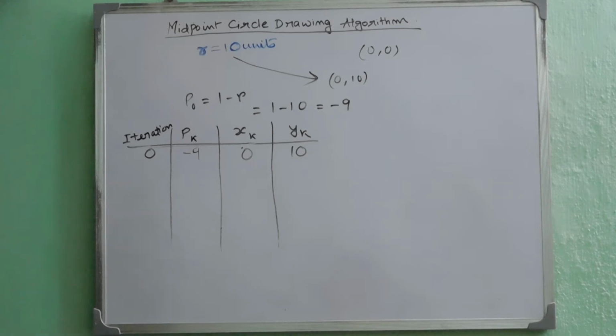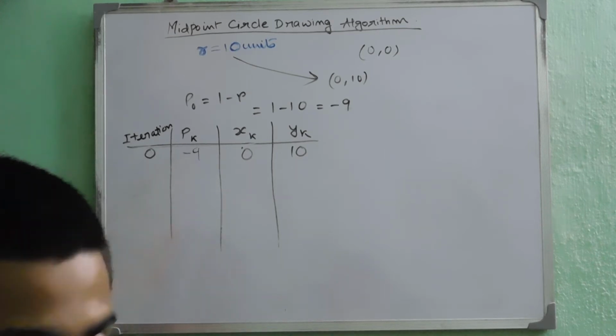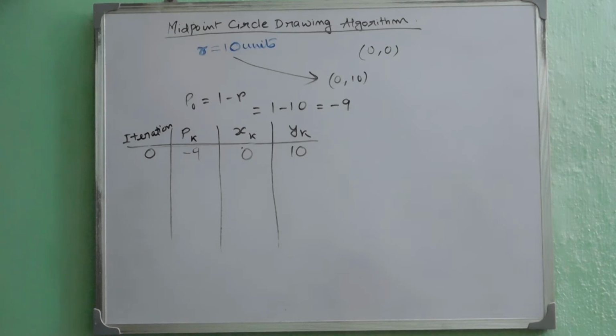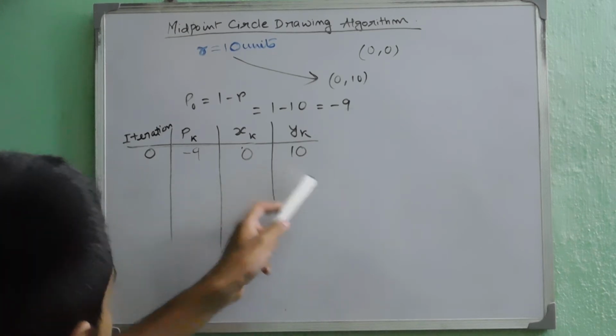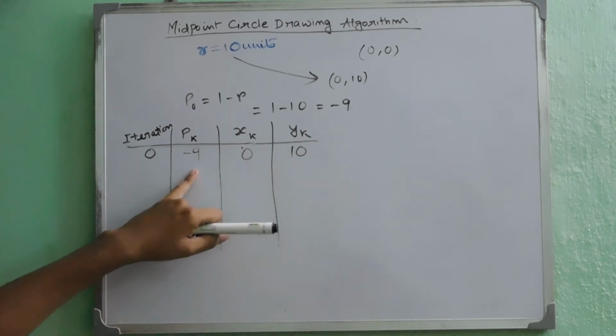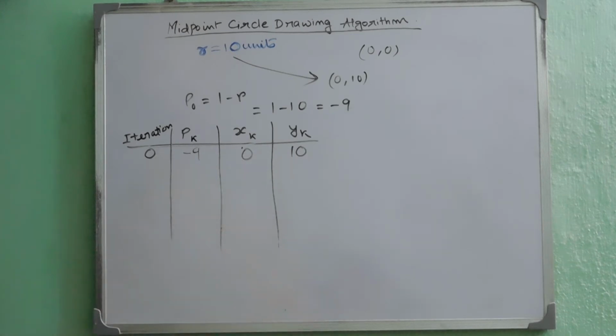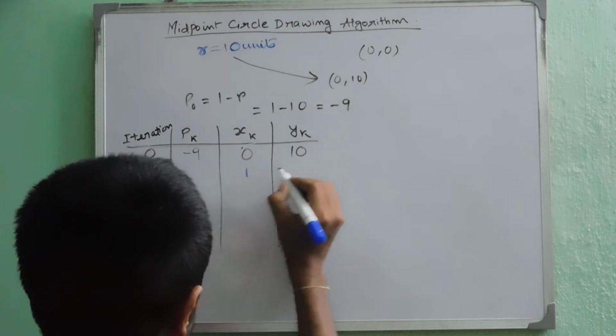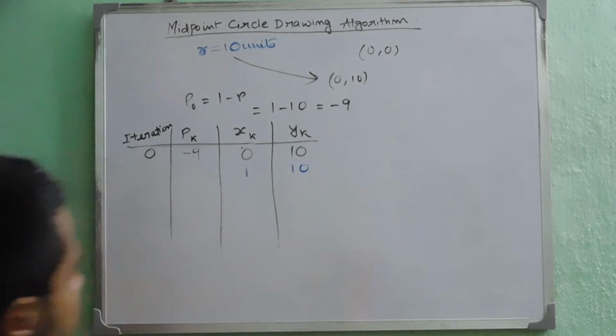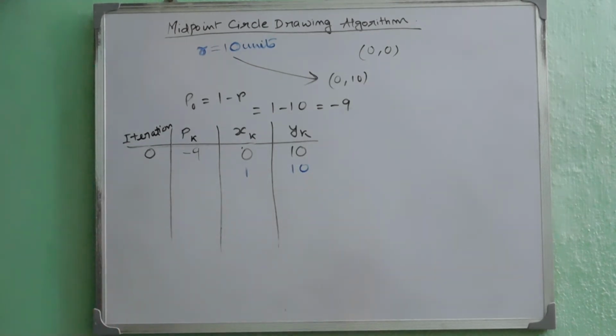Now we have to calculate the next decision parameter. Since we already have one decision parameter, based on that we can calculate our next xk and yk. Since it is negative, our next point will be xk plus 1 and yk will remain as it is. So this will be 1 and this will be 10. The y will remain the same and the x will increment by 1.